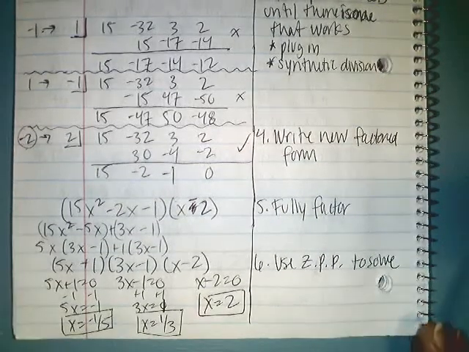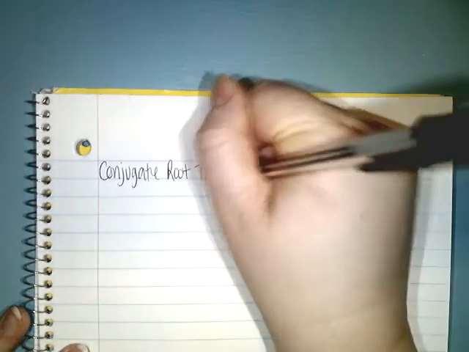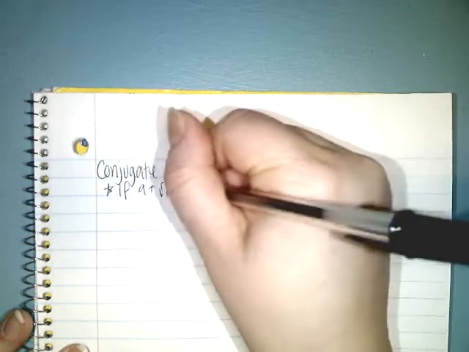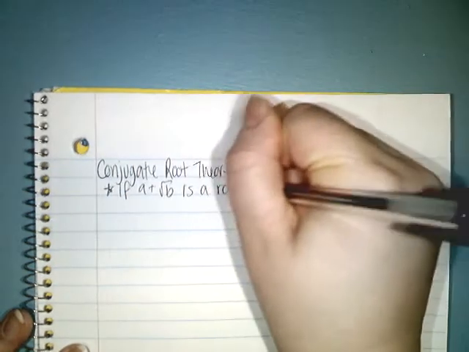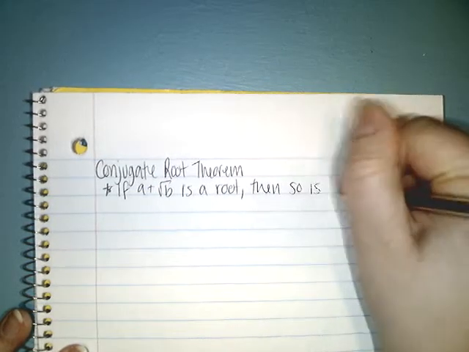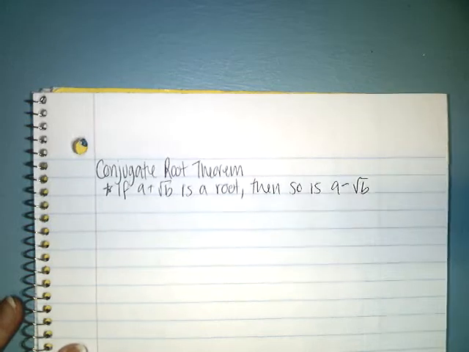All right, so last thing I want to cover is the conjugate root theorem really, really quickly. We're going to spend some more time with this in class, but all this says is that if a plus the square root of b is a root, then so is a minus the square root of b.